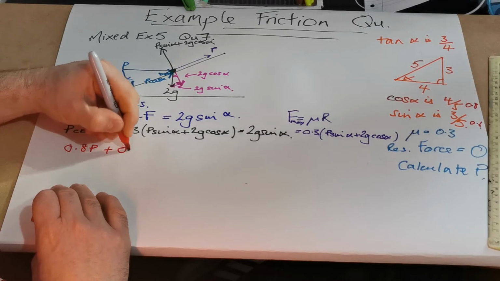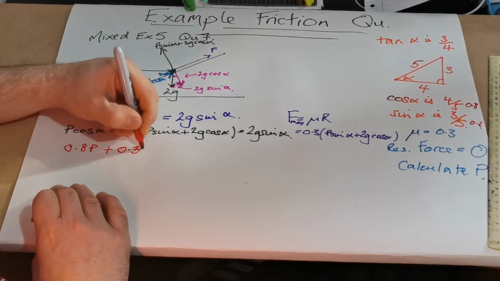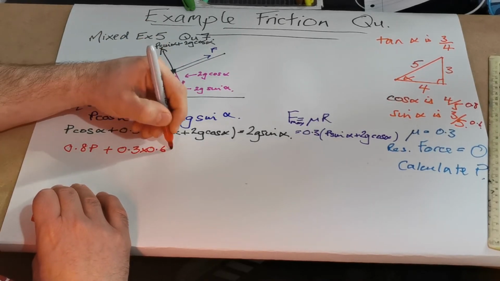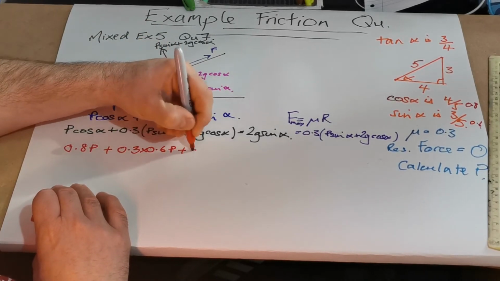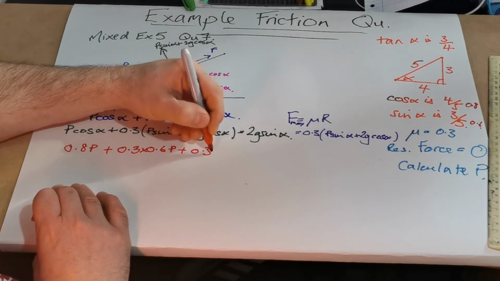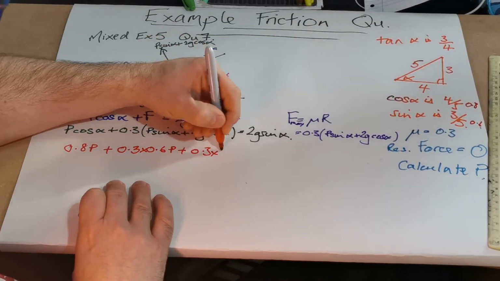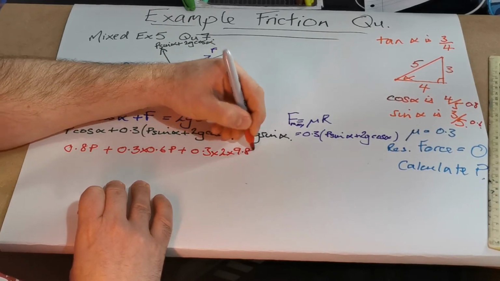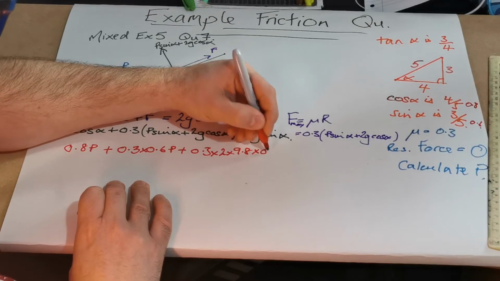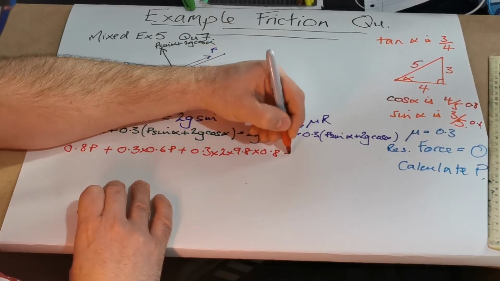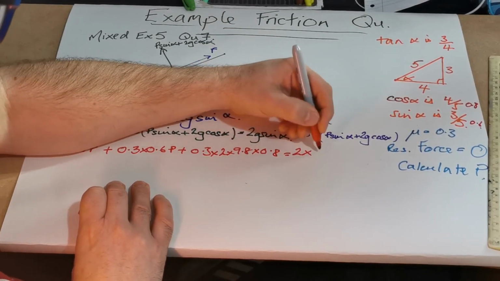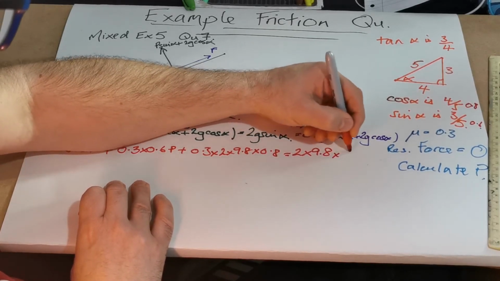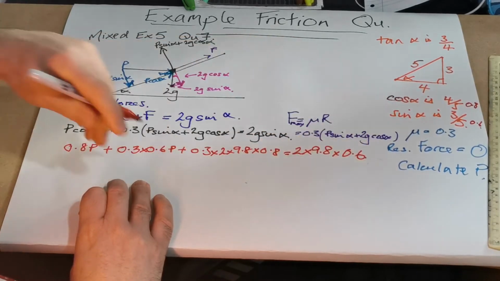So I've got 0.8 P plus 0.3 times 0.6 P plus 0.3 times 2 times 9.8 times 0.8 equals 2 times 9.8 times 0.6.